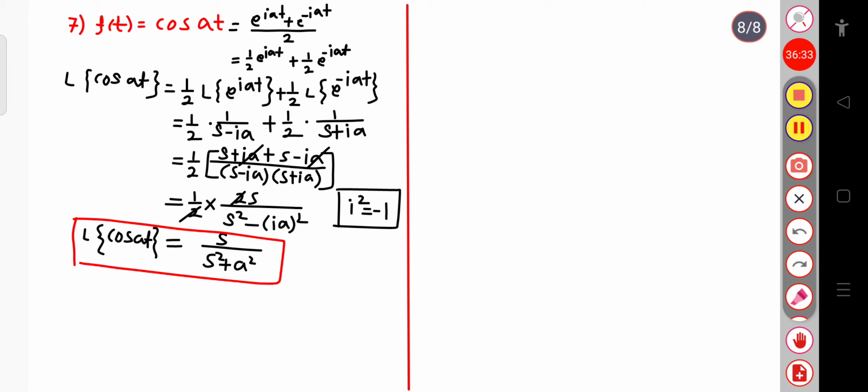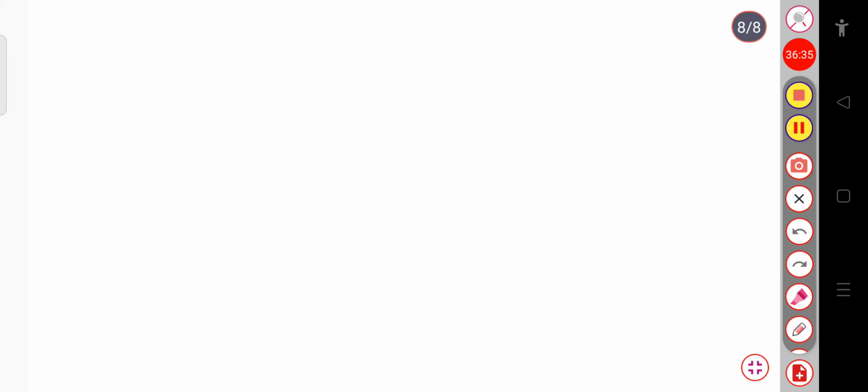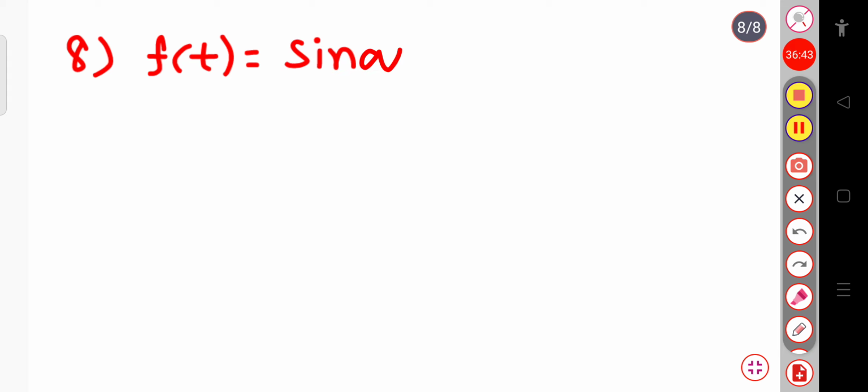Now we will calculate for, suppose the function f of t is given as sin at. Now for this we have to calculate. This sin at can be expressed as exponential iat minus exponential minus iat, where i means root over minus 1, the complex number, divided by 2i.